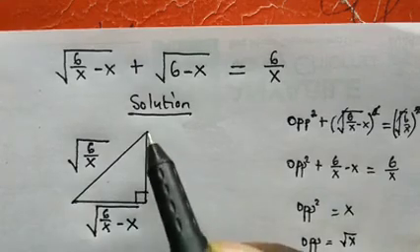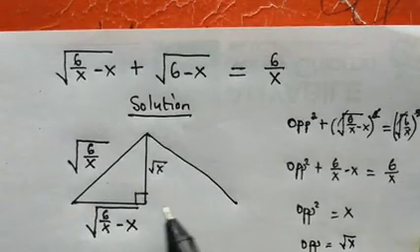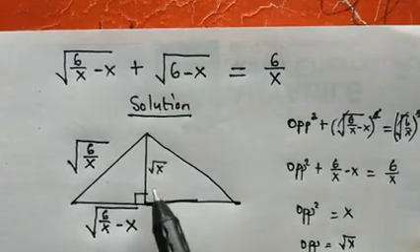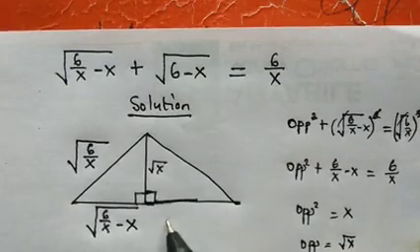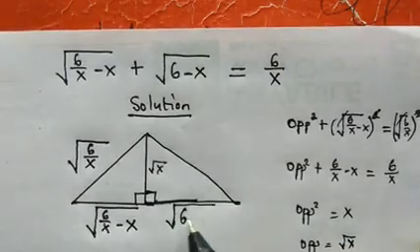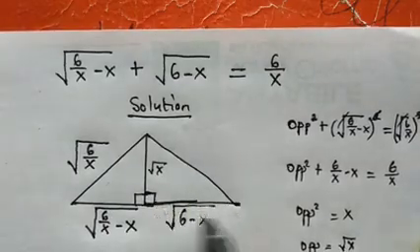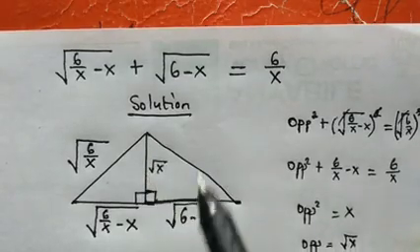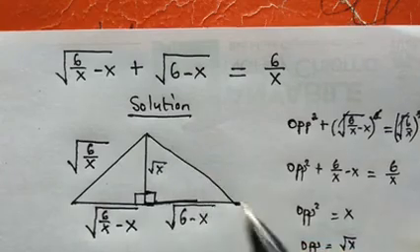Then we need another right triangle like this. Then this is another right triangle. Then the length from here to here, let's call it the square root of 6 minus x. We can see here we have this base and we have this height here. Then this part here is the hypotenuse side, let's call it h.